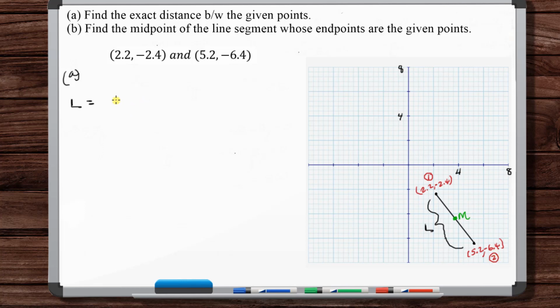So x2 minus x1 squared plus y2 minus y1 squared. Okay, so 5.2 minus 2.2 is 3.